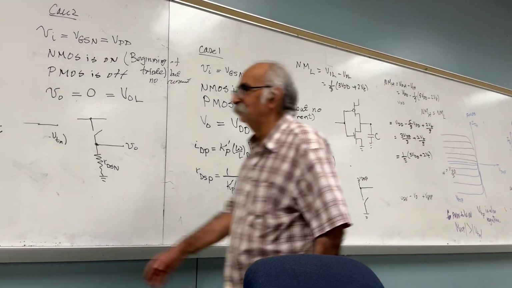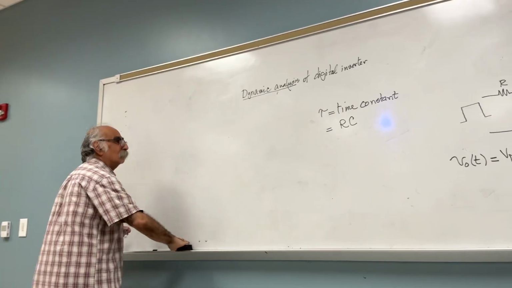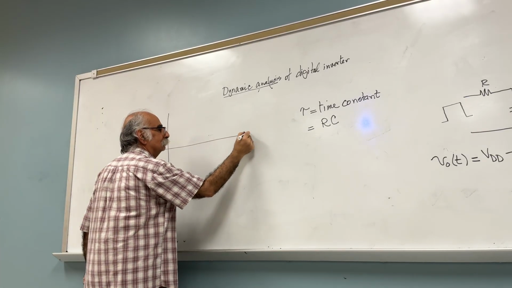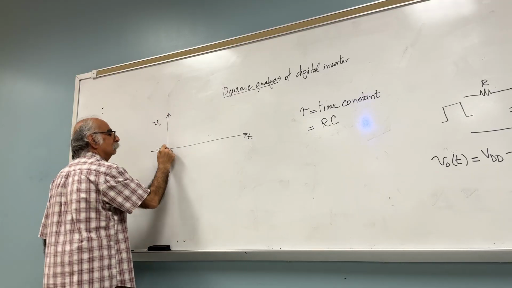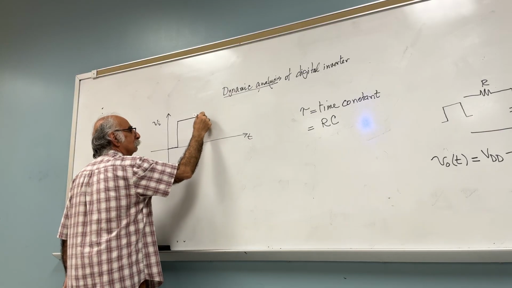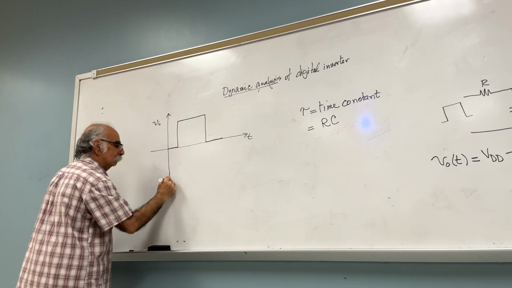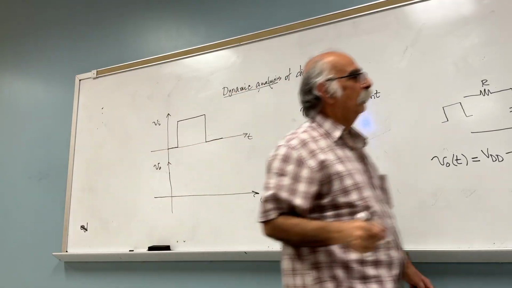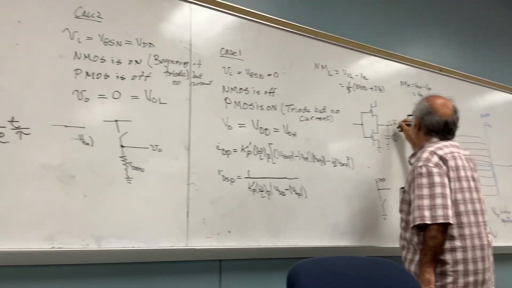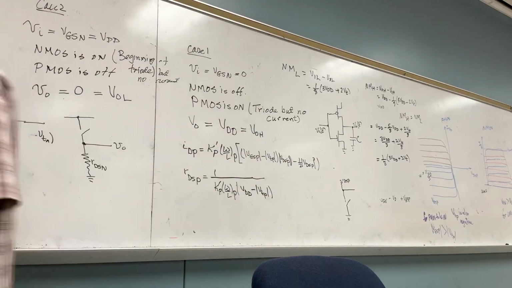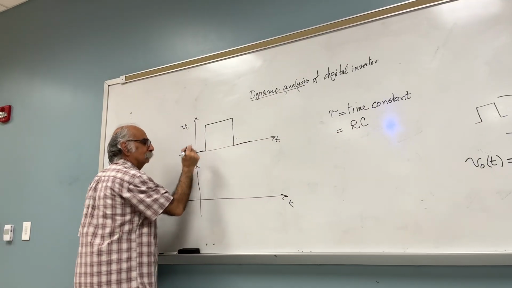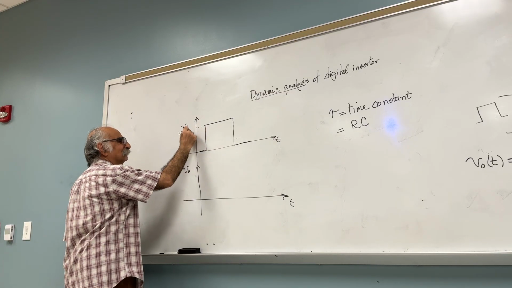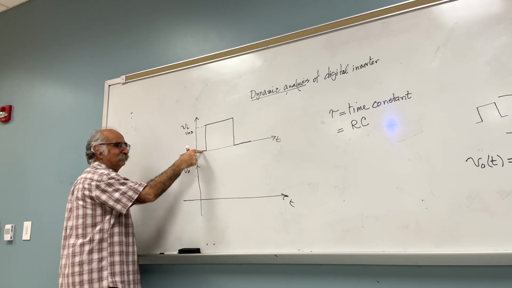The characteristics are like this. What is the input here?